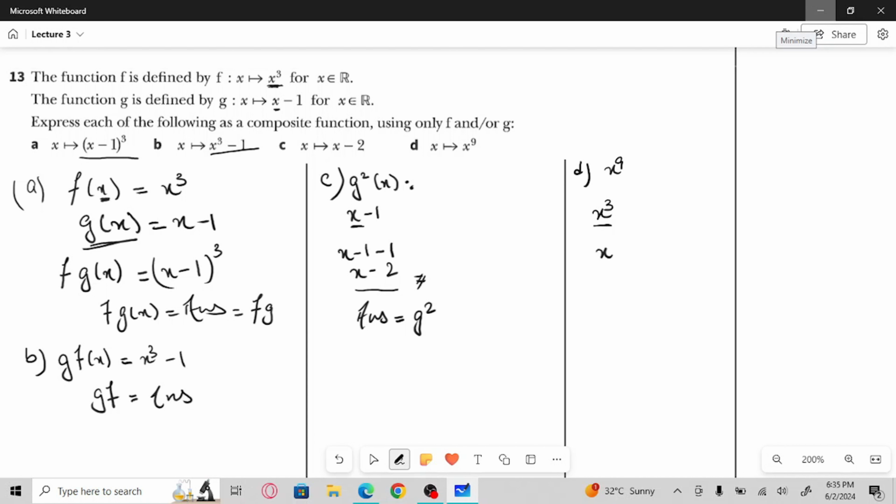So x cubed cubed, which will become x^9, 3 threes are 9, is equal to f squared(x). So again, f squared is equal to the answer for this part.